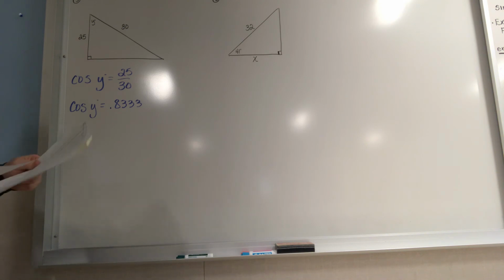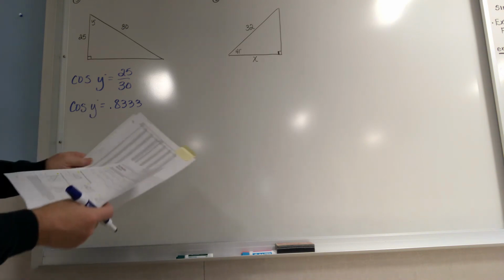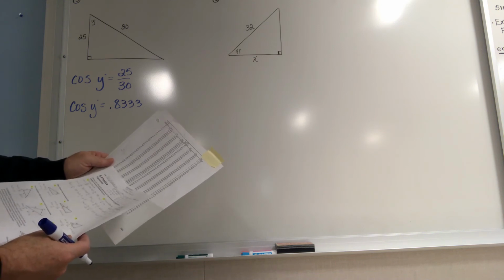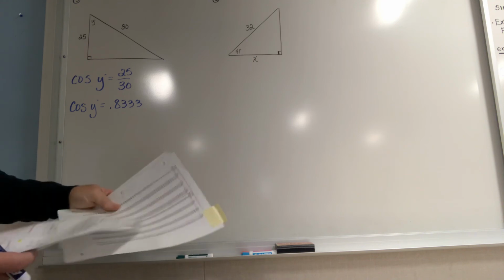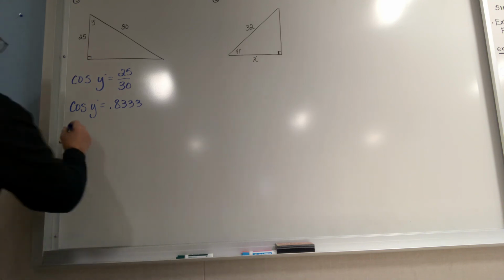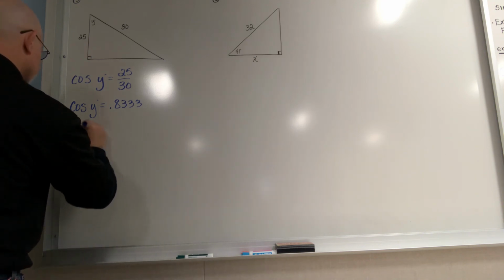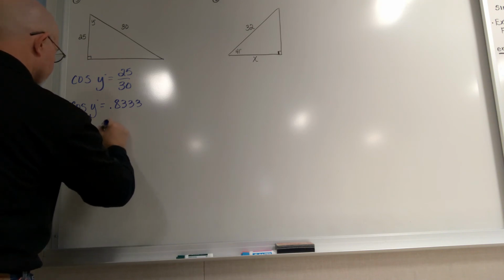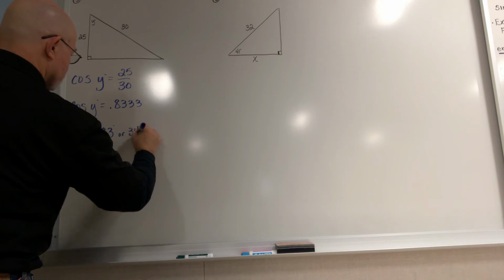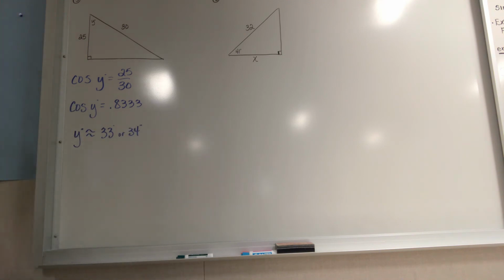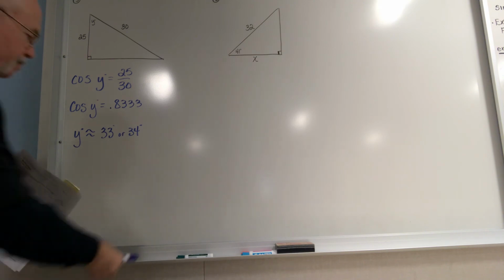We are going to go down the cosine column till we get closest to that. And for my money, it's right in between 33 and 34 degrees. Once again, you only have to choose one of those.